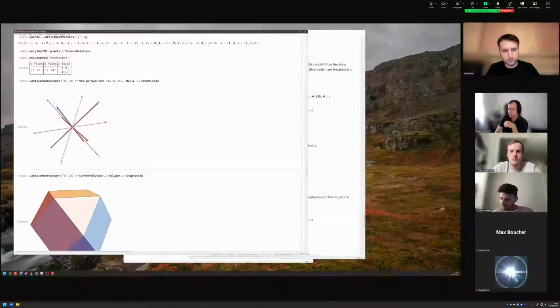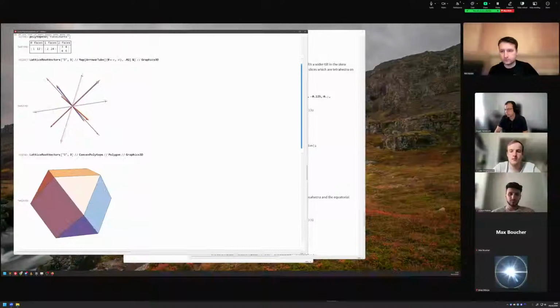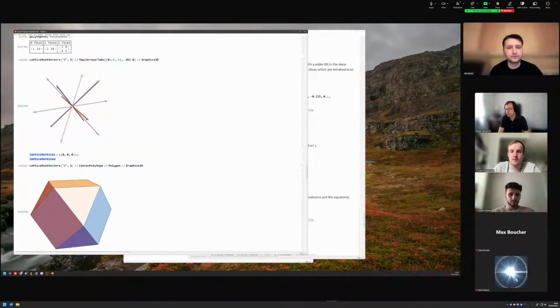Yeah, so if I wanted to make a set of points, start with the origin and then just kind of naively do this.